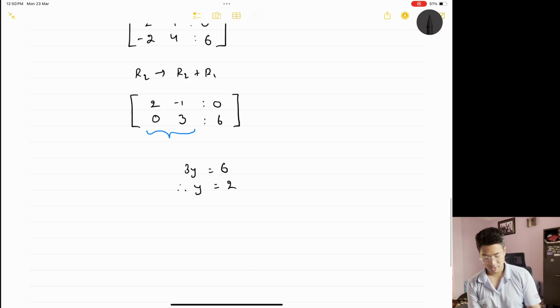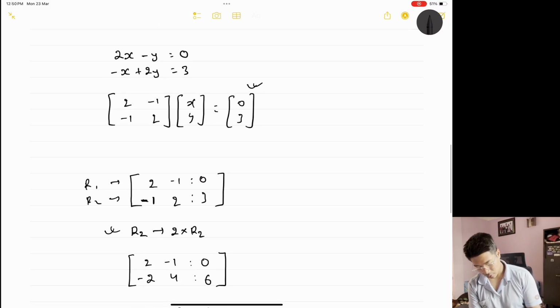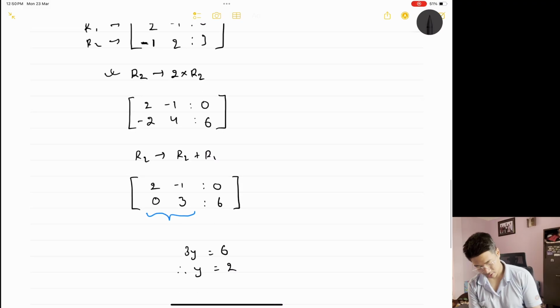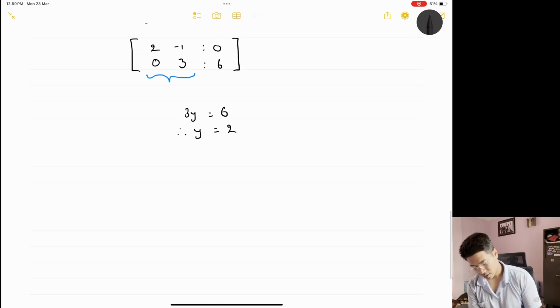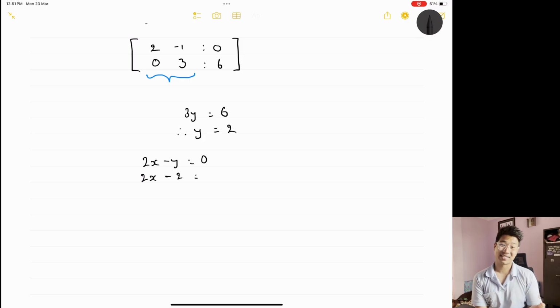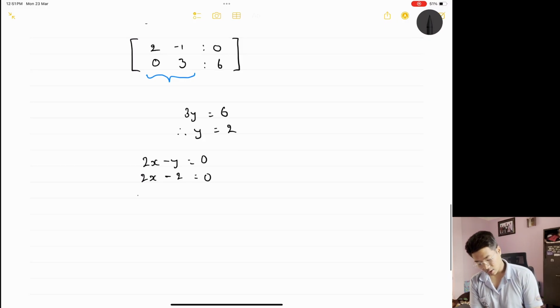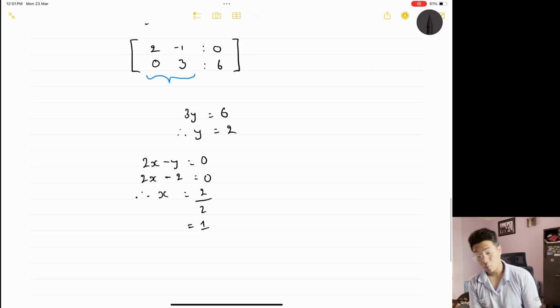And I can do the same thing over here now, which is I can substitute the value of y in one of these equations. So that is 2x minus y is equal to 0, and we know that y is 2. This is basically a substitution, and therefore we have the value of x to be 2 divided by 2, which is 1.